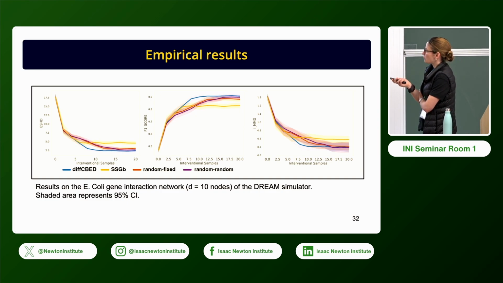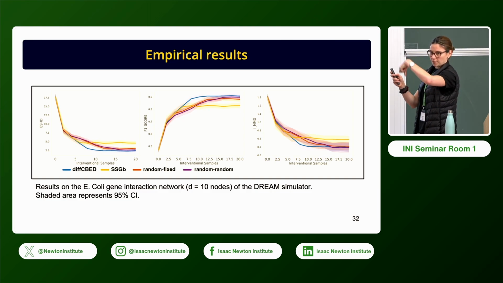So this is our approach, the differentiable causal BED. This is from a paper a few years back, from ETH. This is a random policy, so random interventions with fixed interventional value. And this is random, where we're intervening on a random node with a random value.